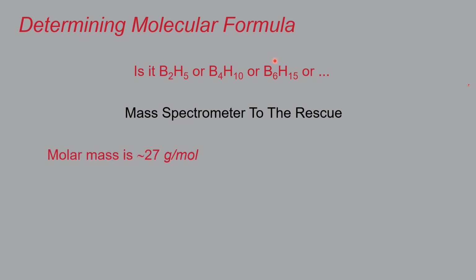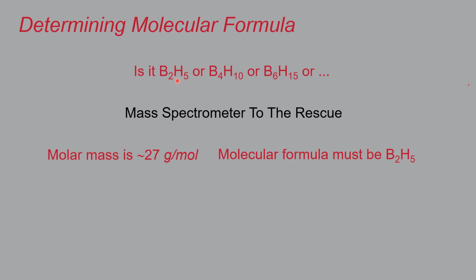So let's say that this thing returned a molar mass of 27 grams per mole. Now, I will tell you that that means that the molar mass is one of these three. Which one is it? Well, that 27 grams per mole is consistent with B2H5. Boron has a mass of a little more than 10 AMU each, so they clock in at almost 11 AMU.